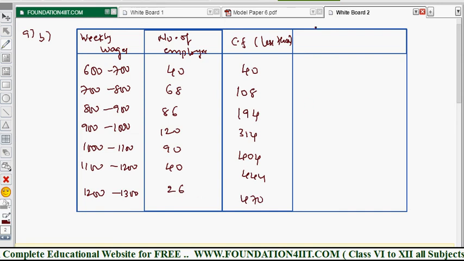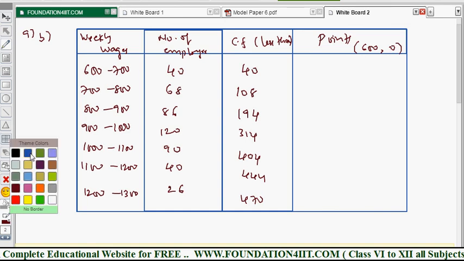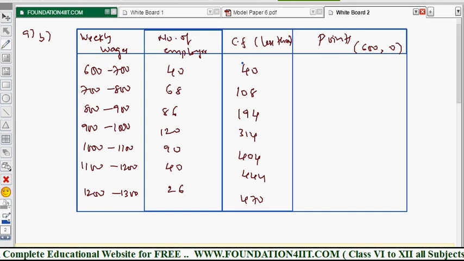Okay, we should make the points. These points are important. Starting is 600, comma 0. Whenever you take the points, we will take the upper boundary. Now next is 700. For 700, the value is 40.